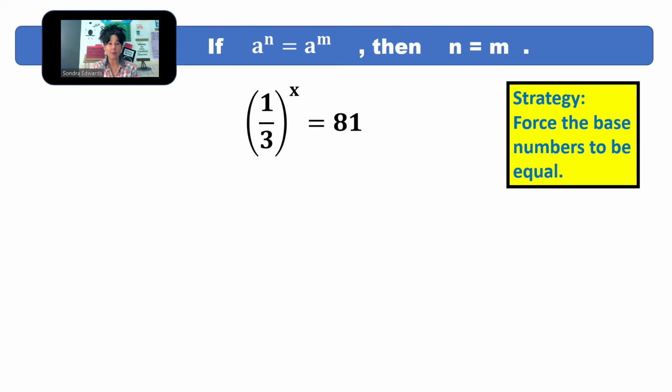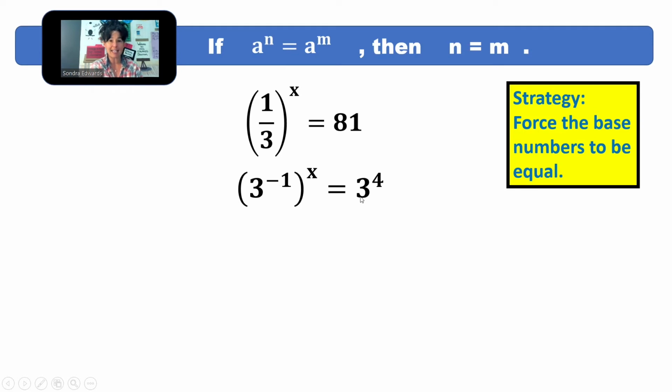In this example, looking at 1/3 and 81, trying to think of perfect squares, perfect cubes, and so forth. 81, you might be thinking of 9 squared, but I'm not going to be able to rewrite 1/3 with the number 9. So continue to think, and each of those 9s is made out of 3 times 3. So I am going to rewrite the fraction 1/3 as 3 to the negative 1.